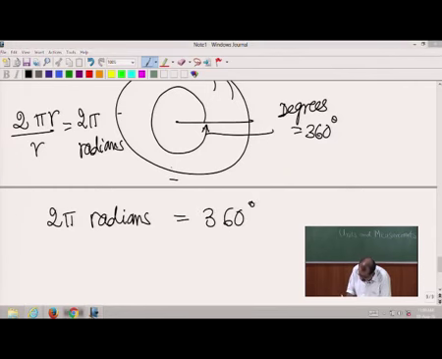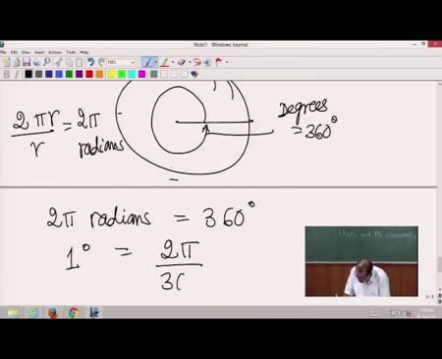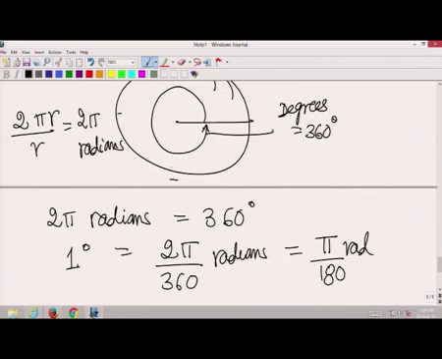So, 1 degree is equal to 2 pi divided by 360 radians, or pi divided by 180 radians.